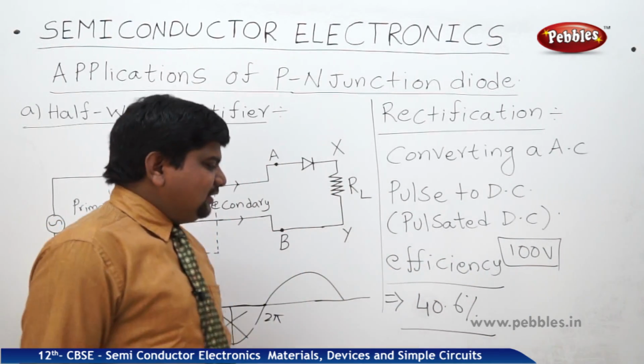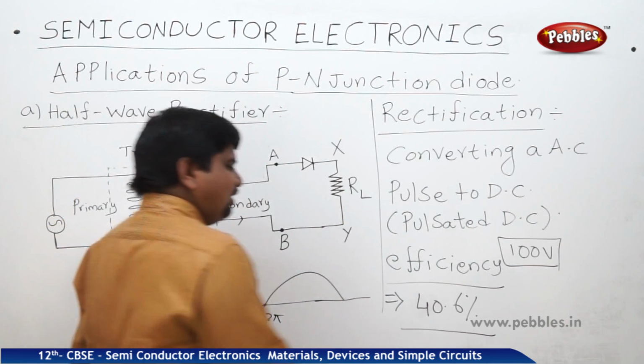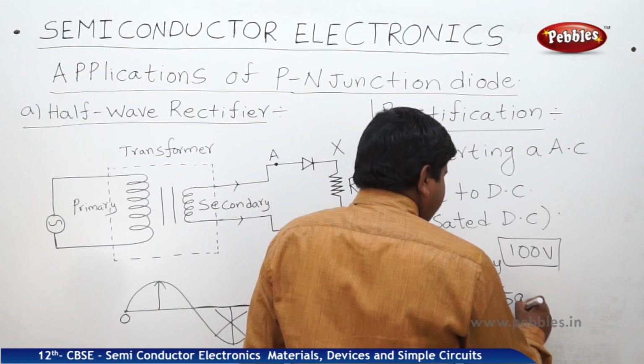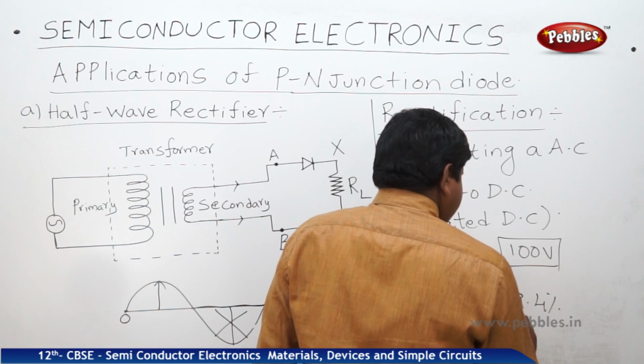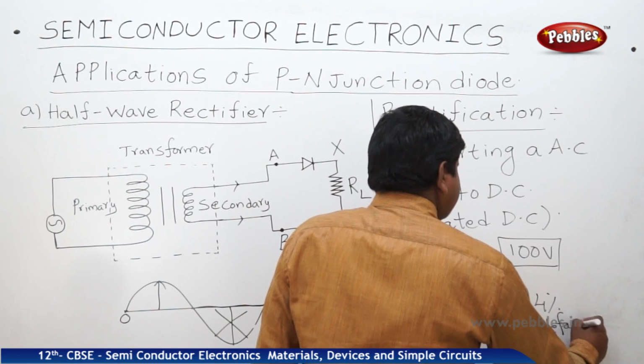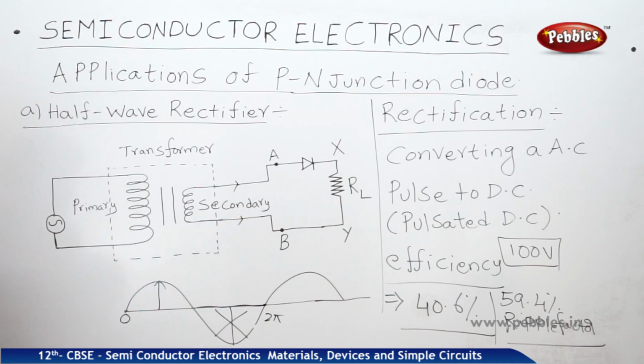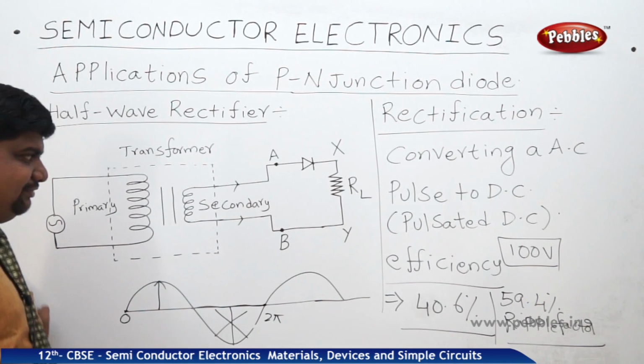So only 40.6% is converting to DC. So this 59.4 is still the ripple factor. This point is a very, very important one for this rectification.